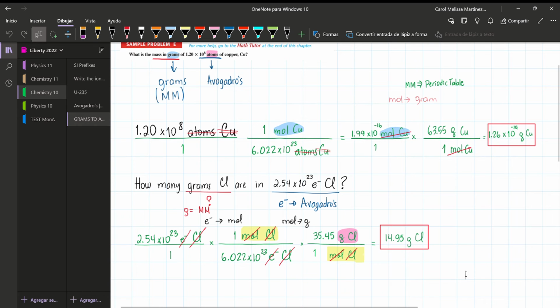From these 2 examples, do you have a doubt? What method do you prefer, the first one or the second one? Maybe you can write it in the chat for me to decide what method we're going to be using.